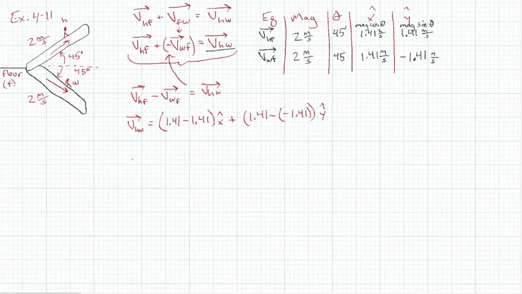All right, now what does this simplify to? Well, you can probably tell it simplifies pretty simply, as it were. Velocity of the husband to the wife is equal to nothing in the x hat direction.